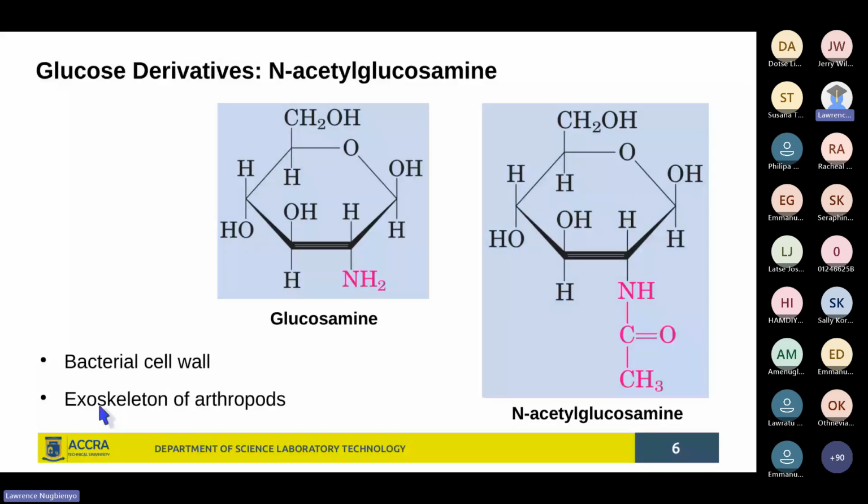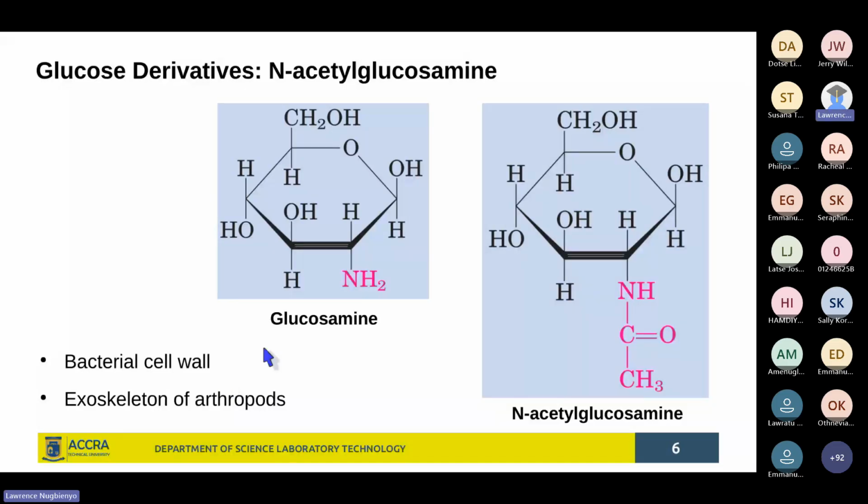We'll take a look at these polysaccharides in much more detail in our next lecture on oligosaccharides and polysaccharides, when we start bringing these monosaccharides and monosaccharide derivatives together to form oligosaccharides and polysaccharides. Then we'll look at the bonds between them and all of that.